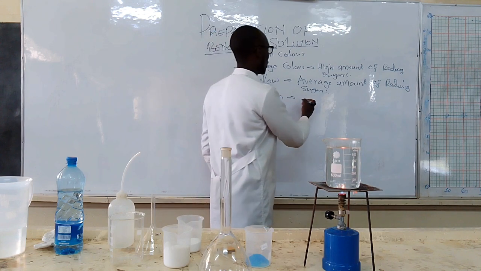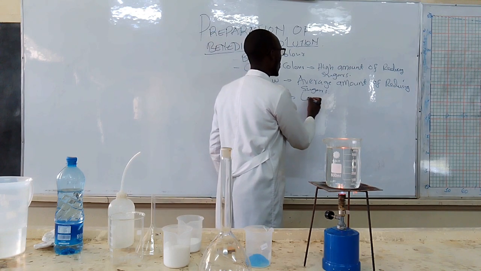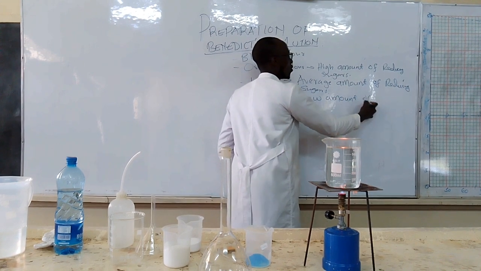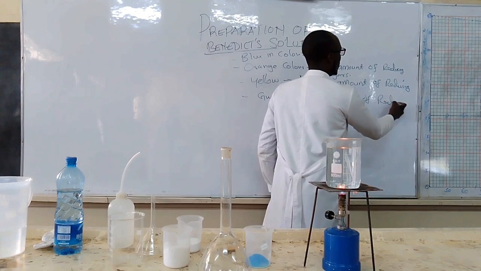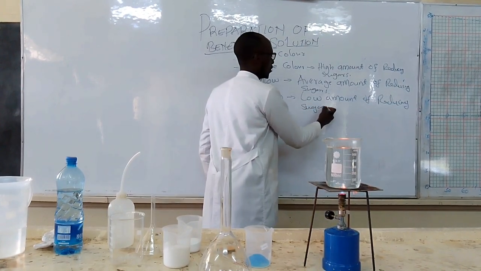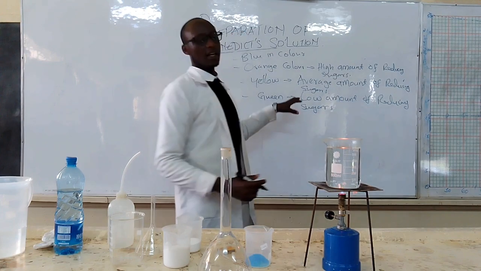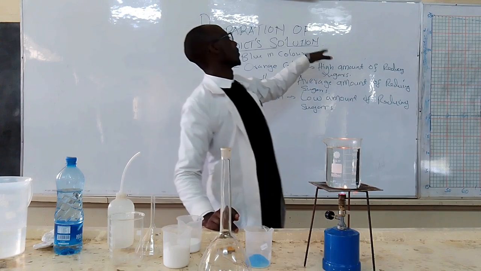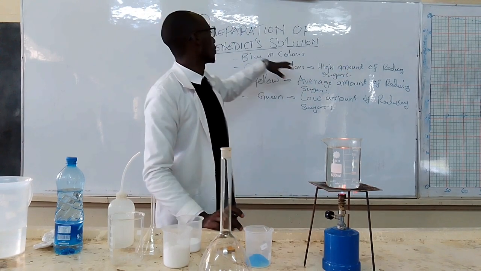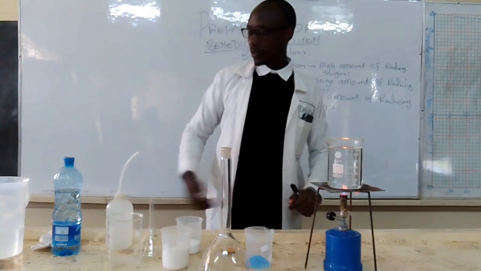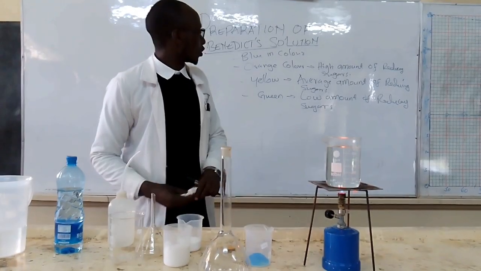This one shows that there is a low amount of reducing sugars. So these are the colors that appear whenever there's a presence of simple sugars, whenever you are using Benedict's solution.